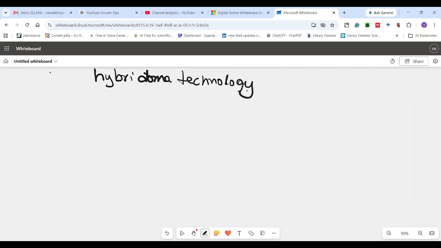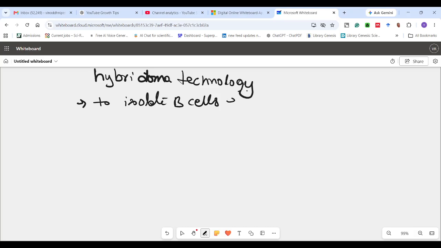They inject mice with antigen and collect the B cells that produce antibodies.